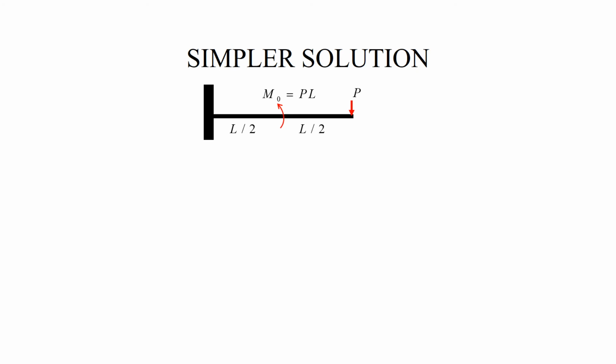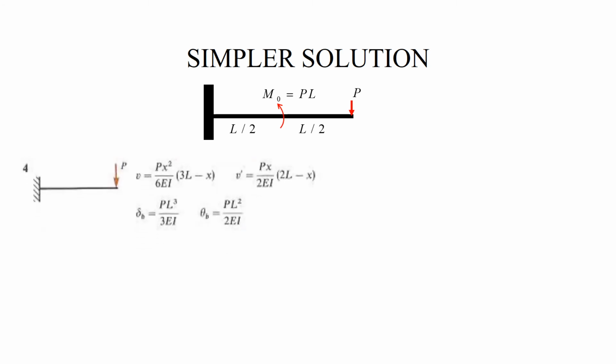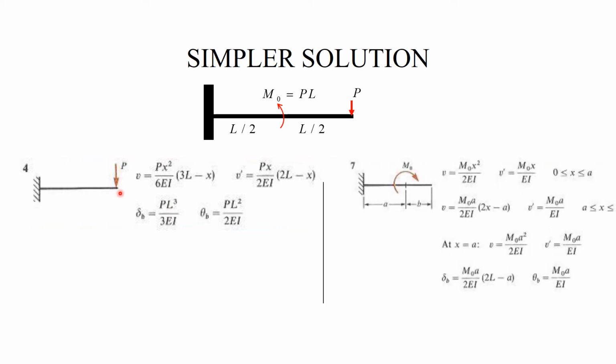So let's also say that this problem could be solved more simply. I could now use an extended table where I have delta B, or the displacement of the tip, tabulated for me. I do the same for the second case, right?